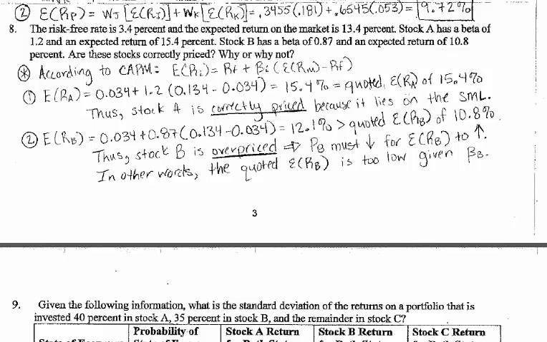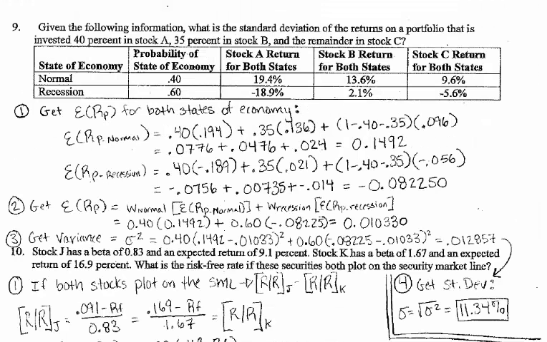So the price would need to come down before you would actually get the return that they're telling you you're supposed to get. So in that way, that's why it's overpriced. If the CAPM is higher than the quoted return, then it's overpriced. If the CAPM is lower than the quoted return, then it's going to be underpriced. And that's really what you want to remember to get question number 8 correct.